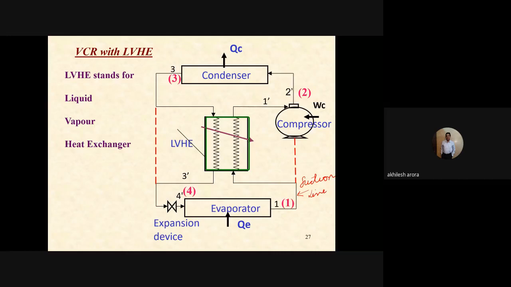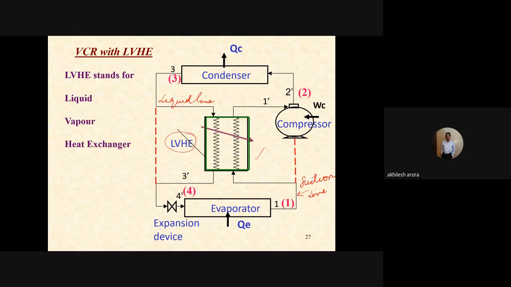And the line which is leaving the condenser is the liquid line. And what we have done, we have installed a heat exchanger between the suction line and the liquid line. This is a liquid vapor heat exchanger. It is mentioned here. Okay, it's a liquid vapor heat exchanger.